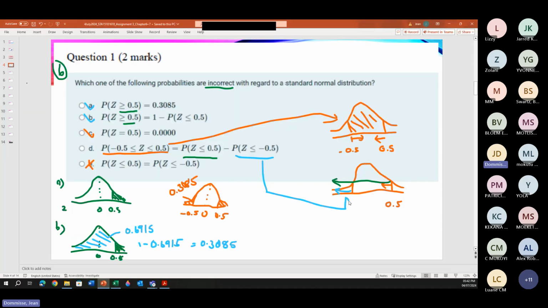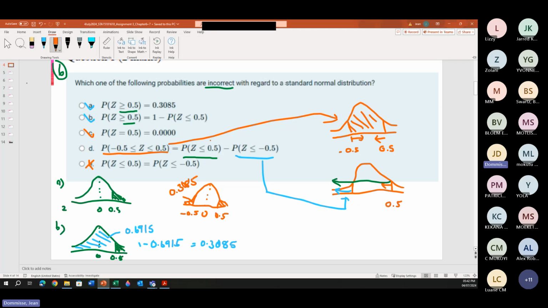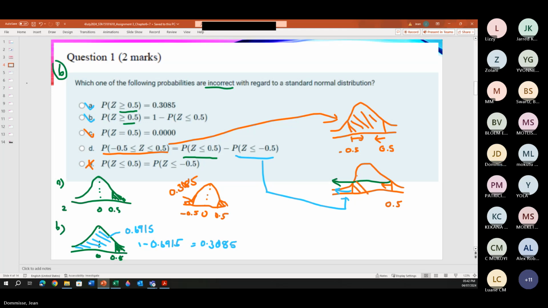So again, if you have the total green area, you're taking away that blue area, you're sitting with the orange area. Okay, and then you can see those two are exactly the same.